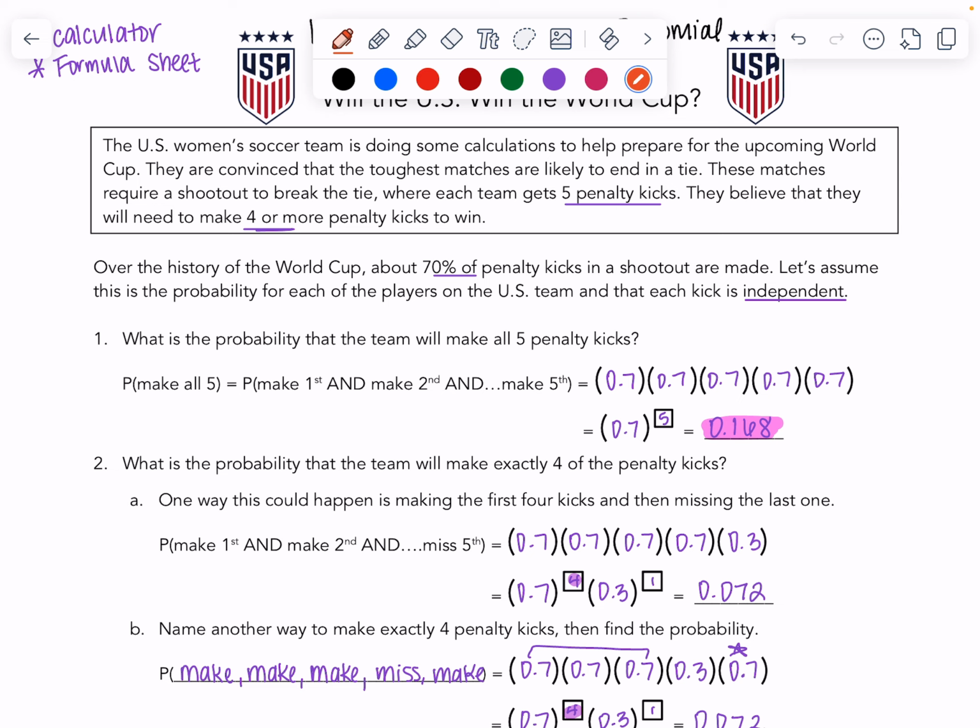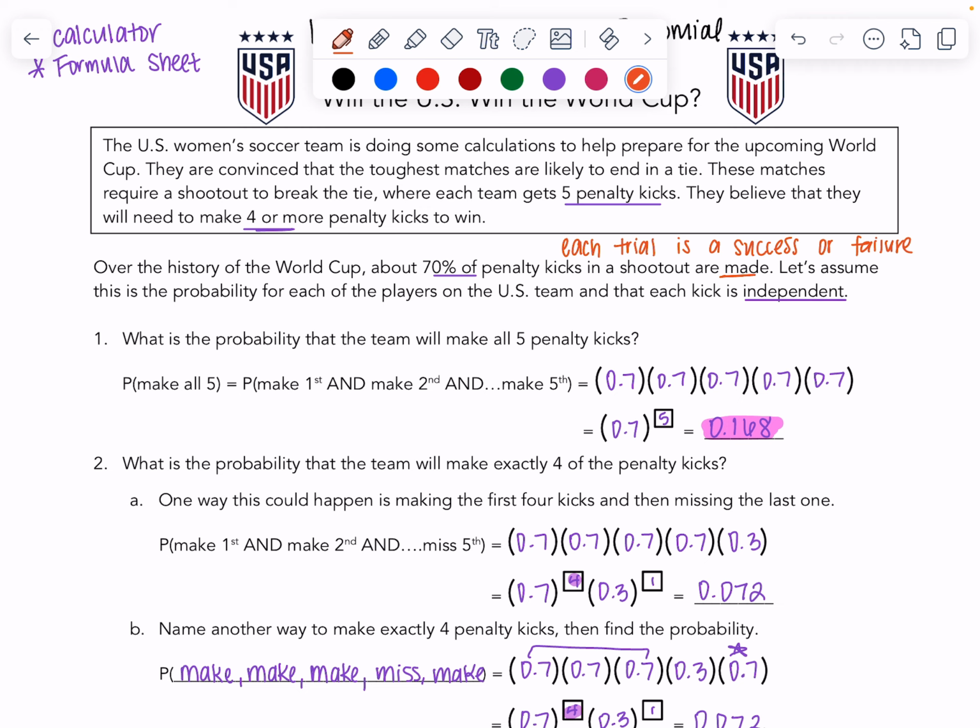It is either made or not made. Just by the nature of shooting a penalty kick, the made shot is a success and not made is a failure.